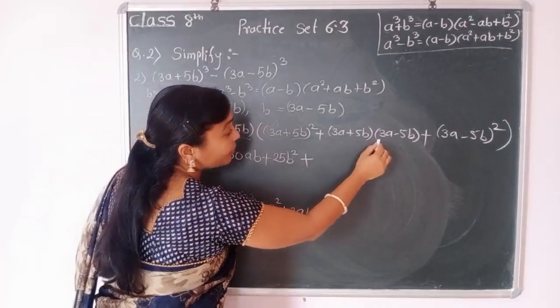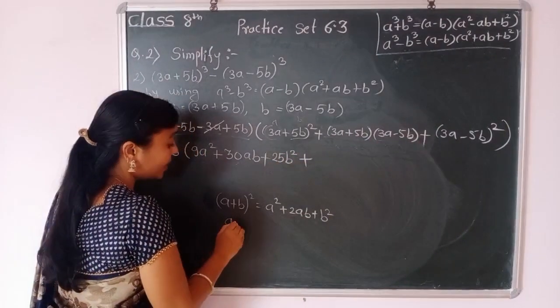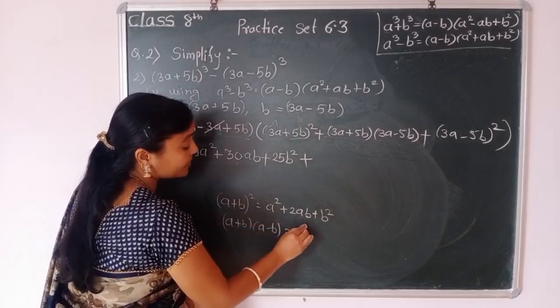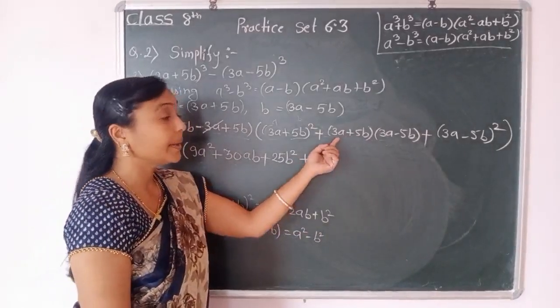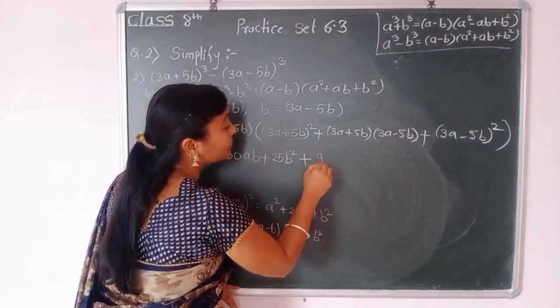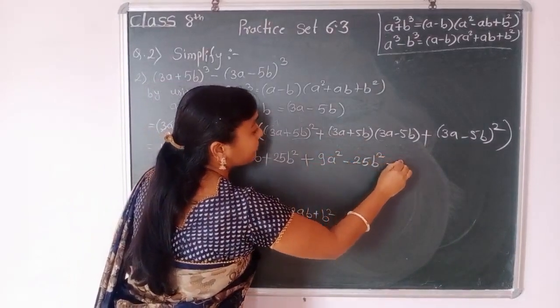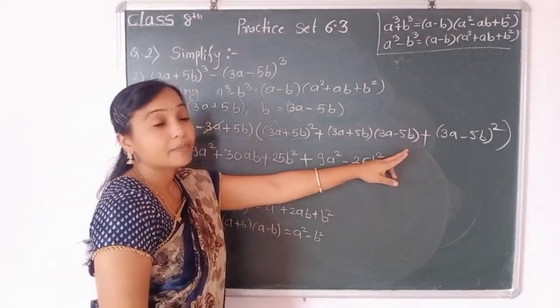Now this is the formula of a plus b and a minus b. Again we know the formula of a plus b, a minus b equal to a square minus b square. So what is our a and b? a means 3a and b means 5b. So directly we write down 9a square minus 25b square, plus then 3a minus 5b bracket square.